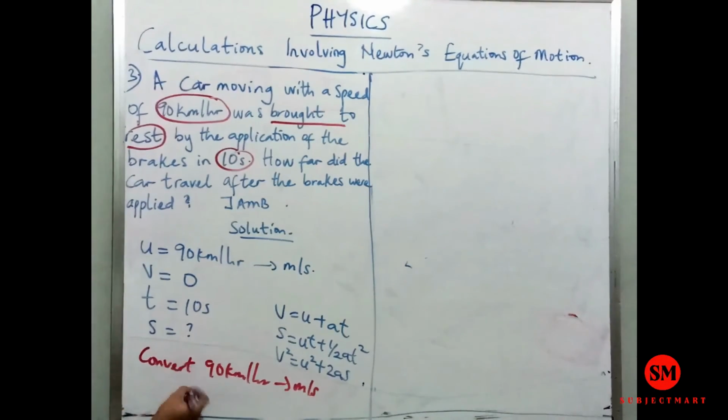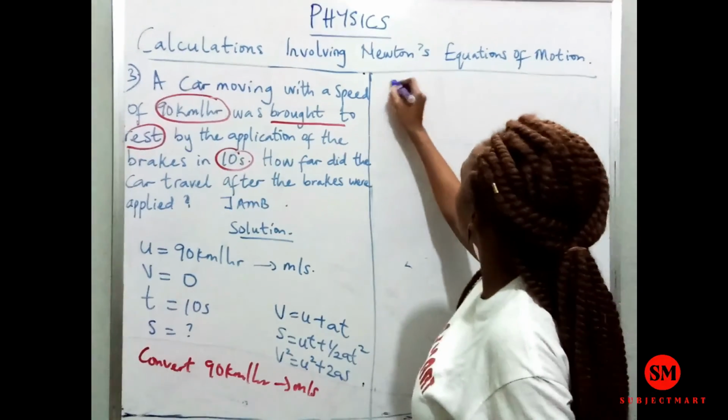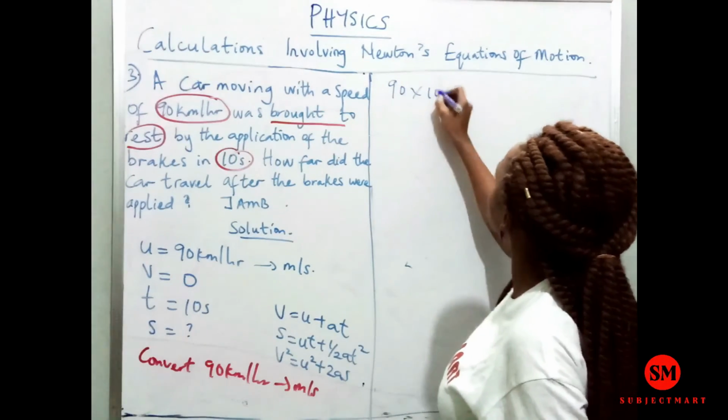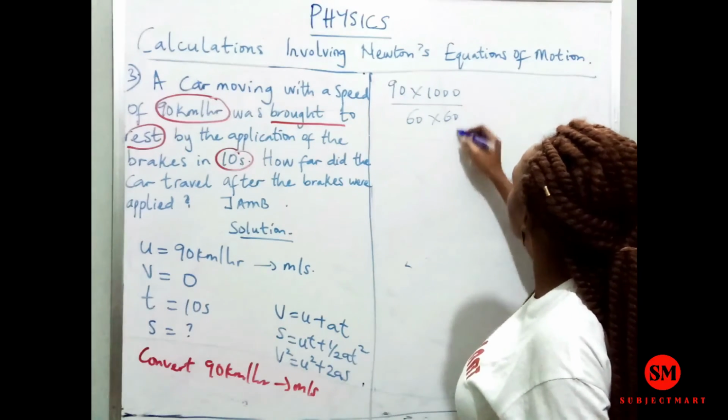We have 90 times 1000, divided by 60 times 60.